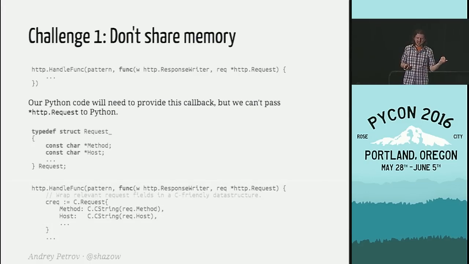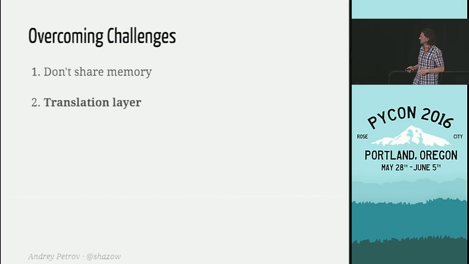Then instead of passing the original pointer, we're going to pass in this C-friendly copy of the data, because C is not going to mess with us. C doesn't have any runtime. So we're going to pass it through C all the way to Python, and then make sure to free it on the way back. These examples don't free things, so don't use this code verbatim in production, but you know, you're going to get memory leaks.